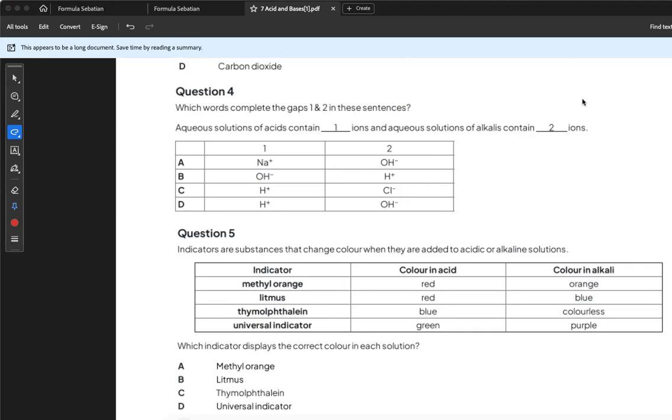Where is it? Okay. Where did the picture go?